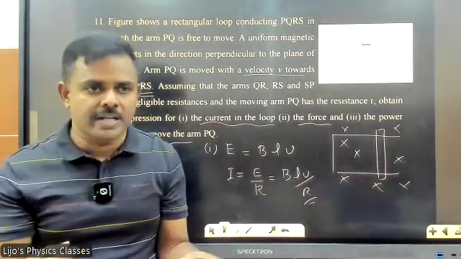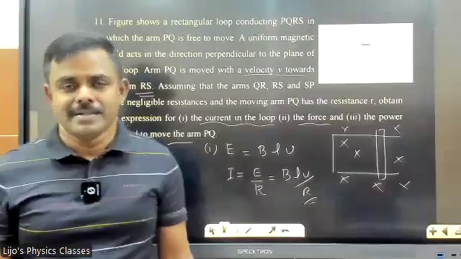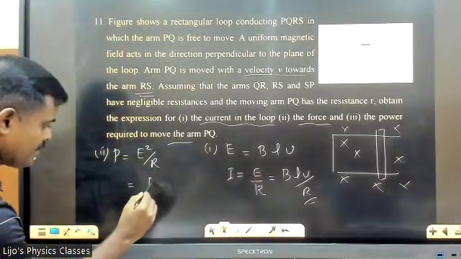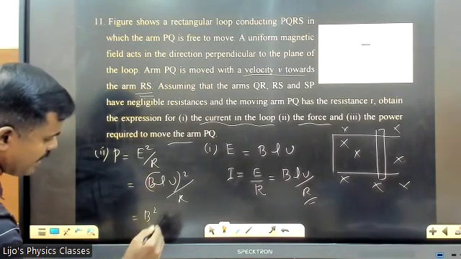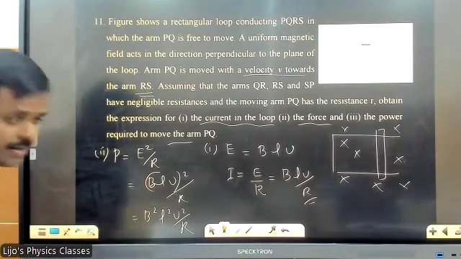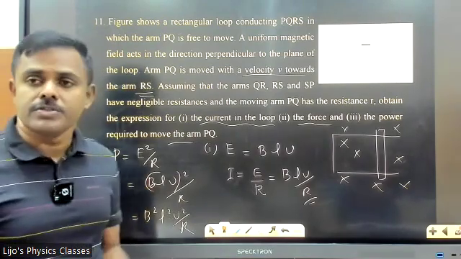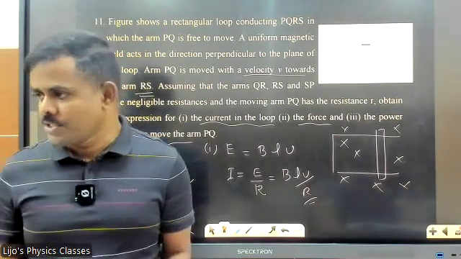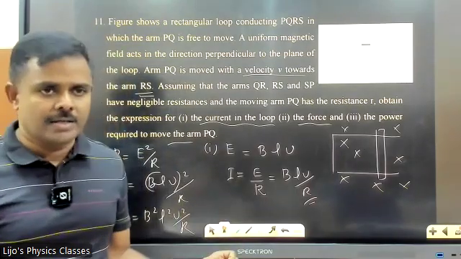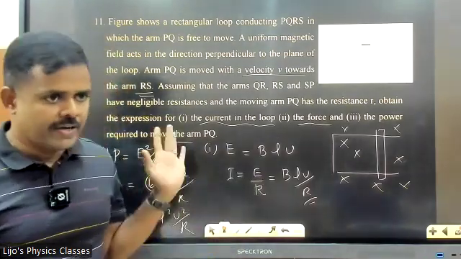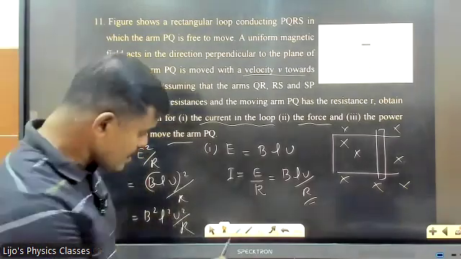Force is power by velocity. E square by R is BLV the whole square divided by R, so B square L square V square by R. Then force is power by velocity, which is B square L square V square by R by V. So V and V cancel, and you get the final expression. Let us do it together.